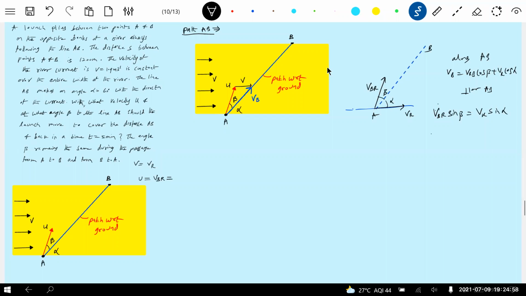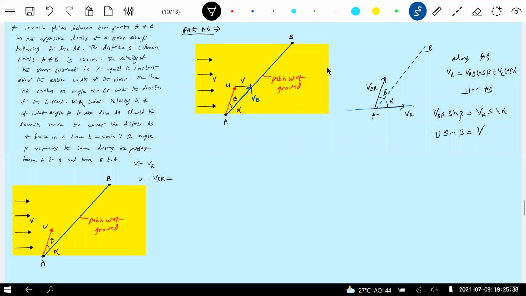VBR is U, this is the unknown thing. Beta is unknown, VBR is unknown. Okay, let's keep all these unknown things. VR is 1.9. I think again I have to bring back all the symbols, no problem here.